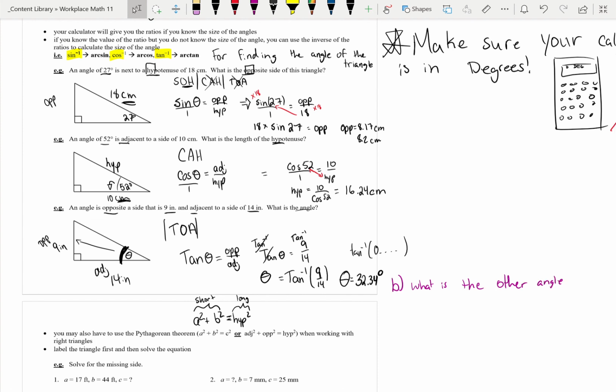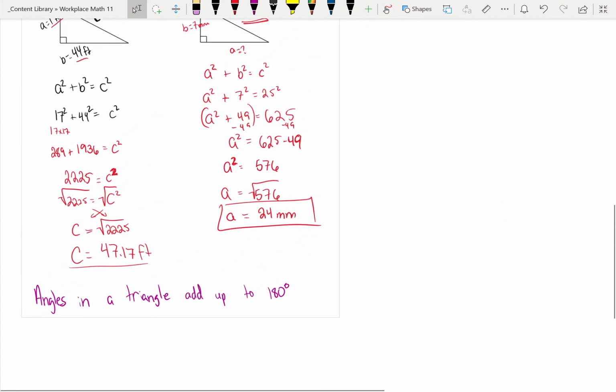You could solve it again, or you could do 180 minus 90 minus 32.34 degrees, because this angle is 90, and we've solved this angle as 32.34. Everything adds up to 180, so this will give me the missing angle. That's something I'll get into a little bit next time, but for now, this is all.